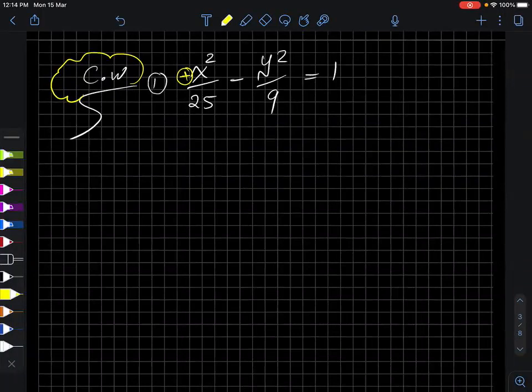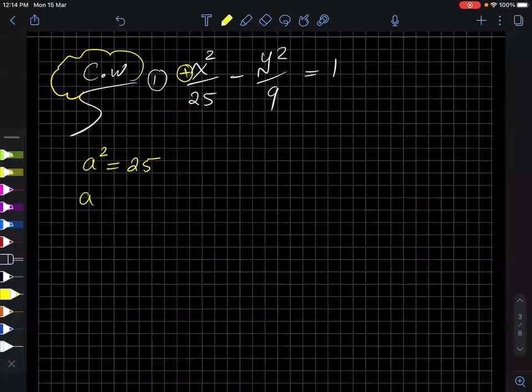Since the x has a positive sign, we can write that a squared is equal to 25, and now a is equal to positive or negative 5. And b squared, the one below the y, is 9, and b is equal to positive or negative 3.